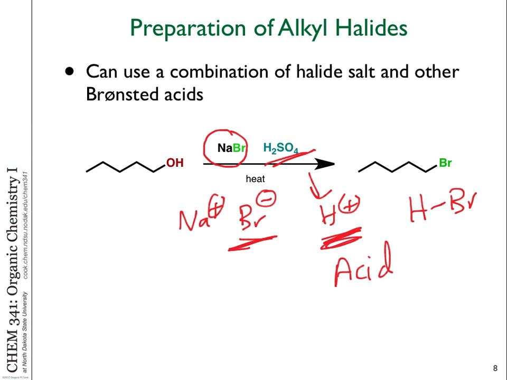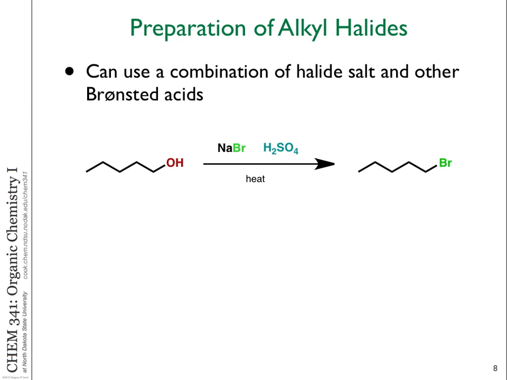So if you take a look at all these examples and think about those observations in the data, you should be asking yourself now, how is this reaction actually proceeding? What's going on? What is making the C-O bond break and making the C-Br bond form?